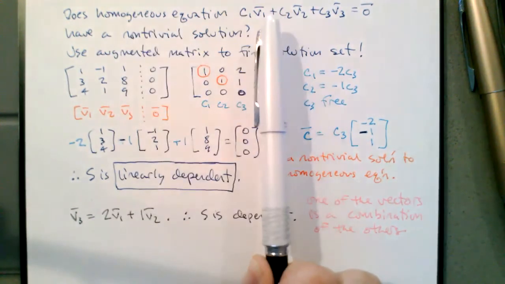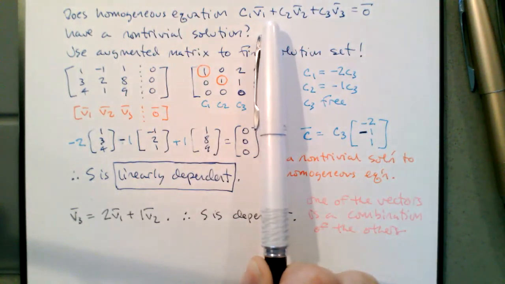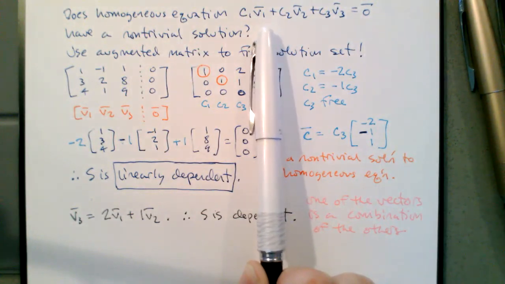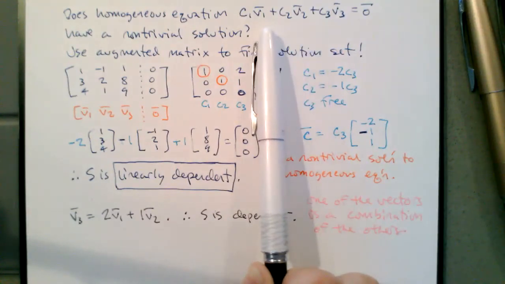And so I imagined this augmented matrix where C1 is equal to 2 and C2 is equal to 1. And that would be the solution to C1 V1 plus C2 V2 equals V3. So I just kind of use my augmented matrix in a different way. Instead of writing the augmented matrix of the homogeneous equation, I just said, well, put V3 on the other side.